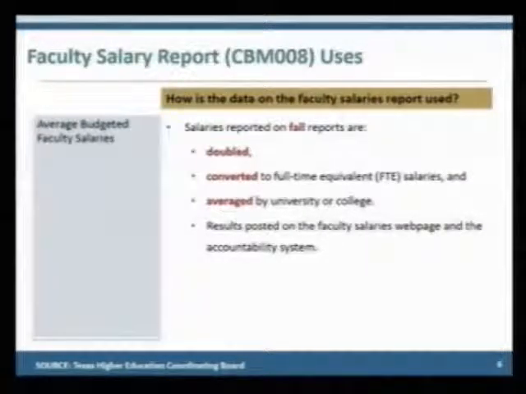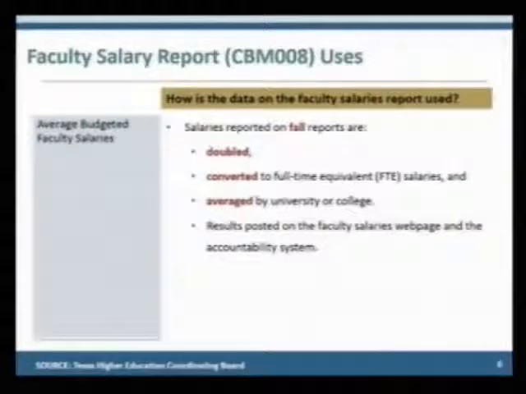And the first reason why is we take your fall number and we double it so that it represents a full year salary. That in itself causes problems if the fall and the spring semester for a particular faculty member aren't identical. And that does occasionally happen, but I think for the most case, it isn't the case. They're fairly even semesters. So doubling it fairly well represents a full year salary.